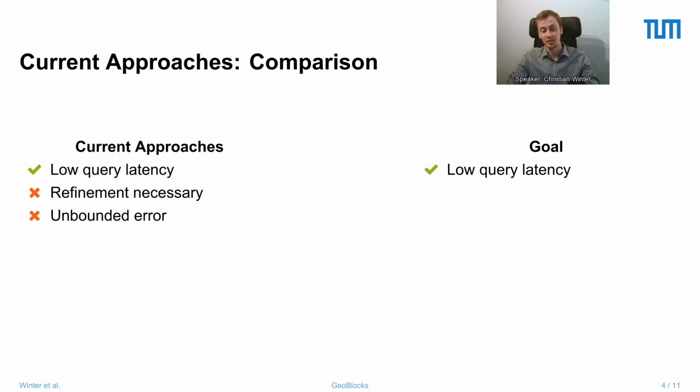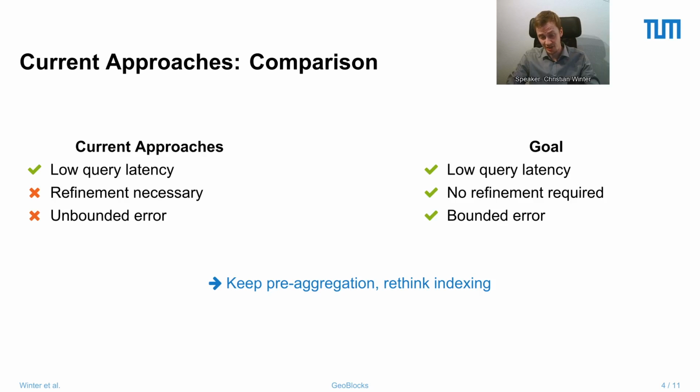These require additional refinement, which often accesses the raw data, and this is therefore slow. So we want to avoid that if possible. And you also saw that we cannot guarantee error-bounded results, which we want to achieve for our work. So what does this mean? We want to keep the pre-aggregation, but for our approach we need to rethink the indexing.